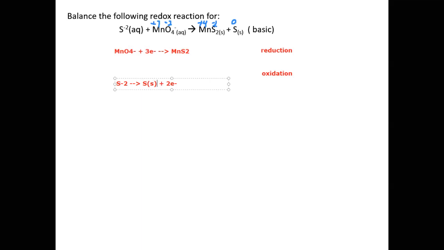So we need to balance the S here, so we're going to add 2 sulfides. That's what I think I forgot to do last time. All right. Now we're going to balance the oxygen. So we have 4. We need plus 4 H2O. We need an 8 H plus.